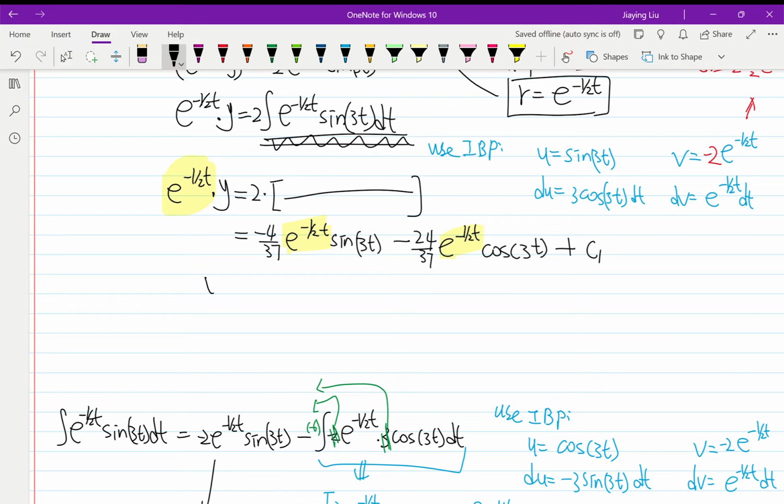So we get y equals negative 4 over 37 sine 3t minus 24 over 37 cosine 3t, and then plus c1 divided by e to the negative 1/2 t, right? But because we divide by a negative exponent in the exponential part, it becomes a product. So multiply by e to the positive 1/2 t.